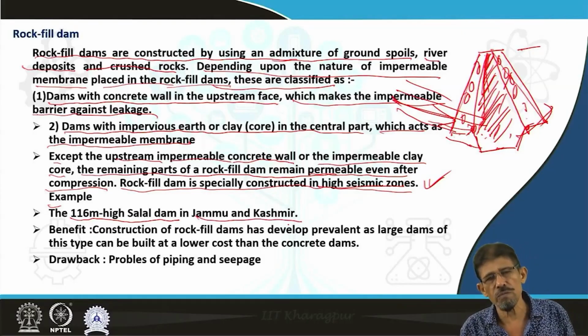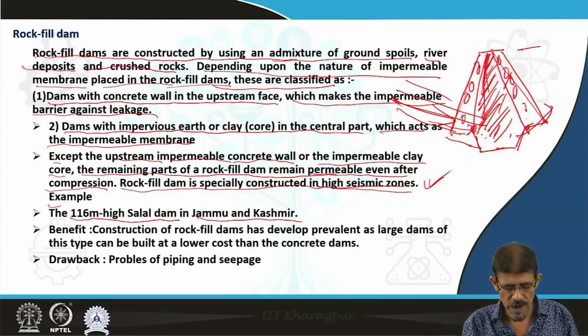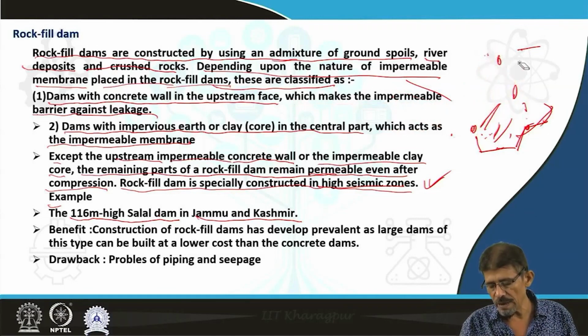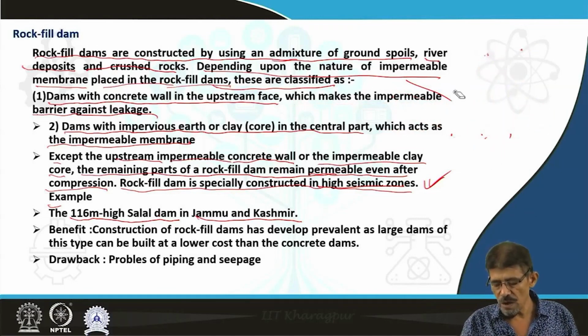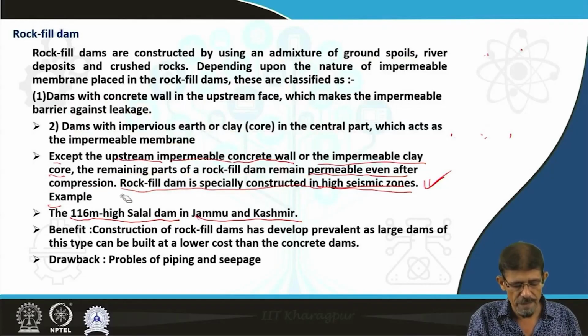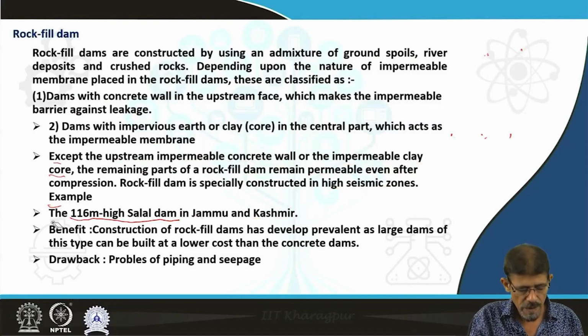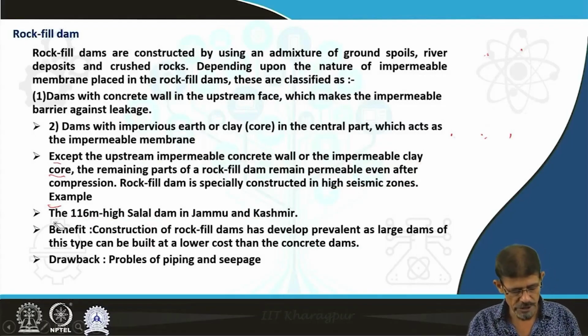As you know, Jammu Kashmir is an earthquake prone area or seismic hazard zone. Therefore, the Salal Dam in Jammu and Kashmir was constructed as a rock fill dam, which is competent enough to survive any situation caused by earthquake or any type of vibration caused by enemies or border activity, etc.